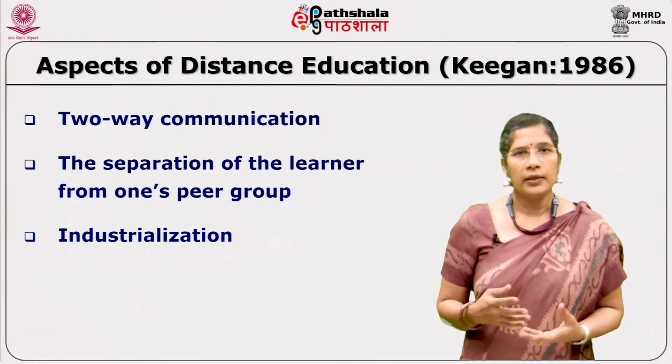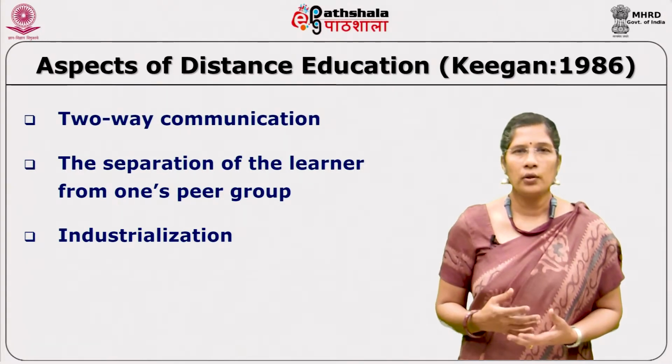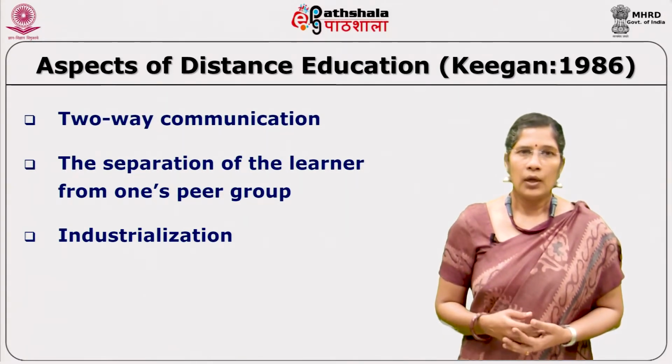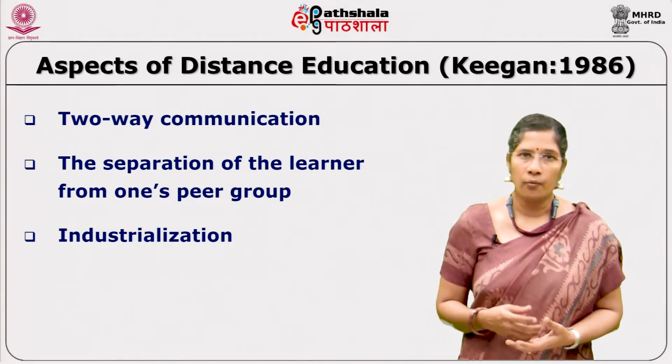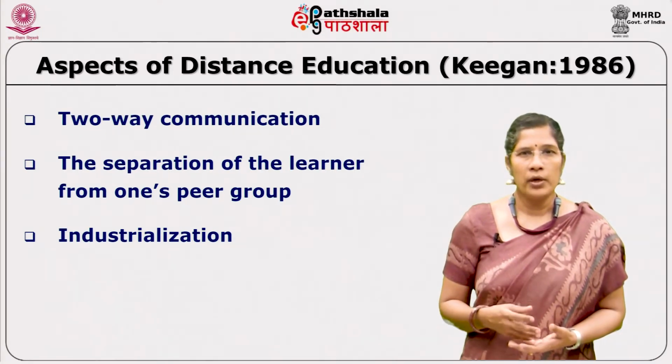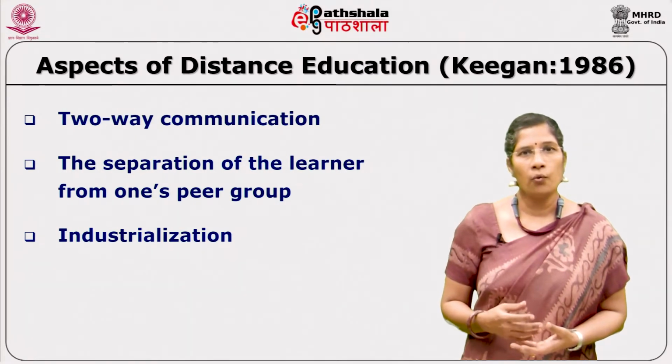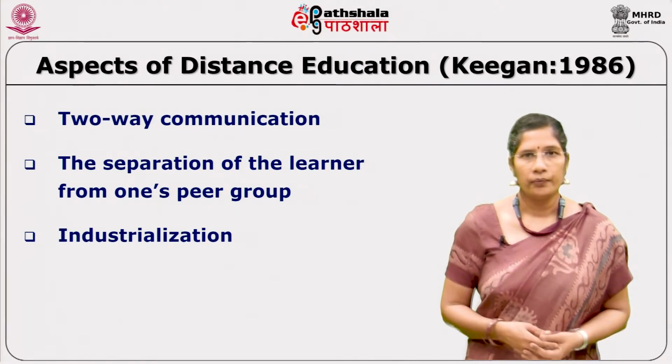As a result, they face a lot of isolation as a student. This is a very peculiar case in the context of distance mode, and both the students and the teacher have to work towards reducing this isolation.